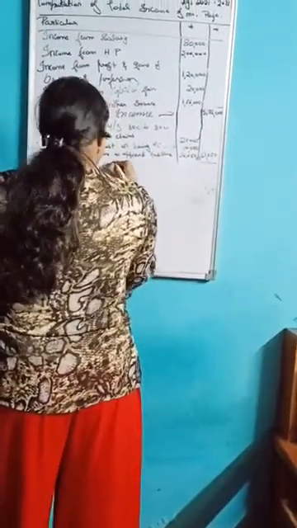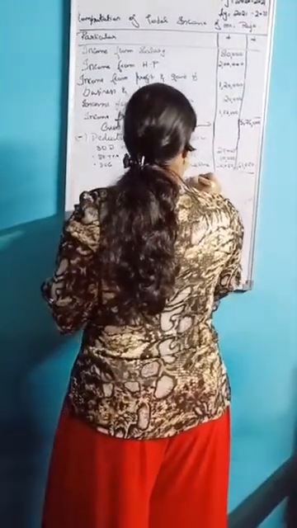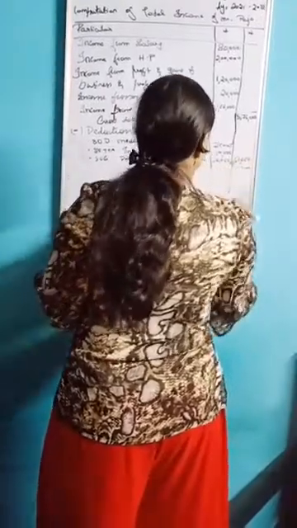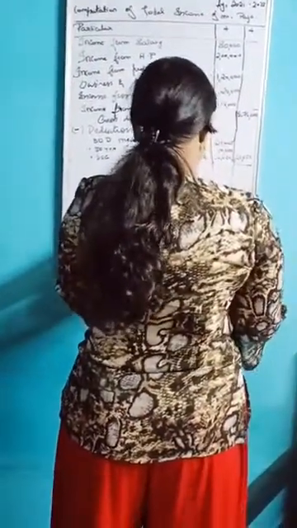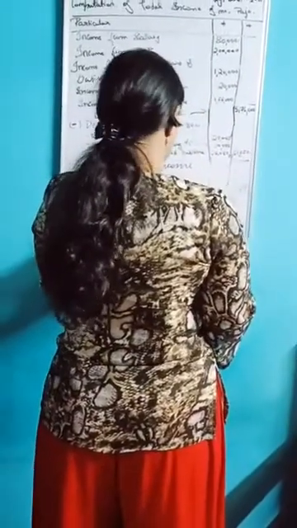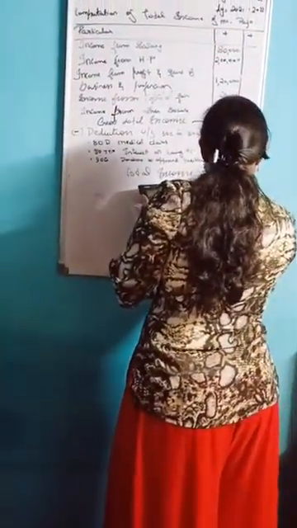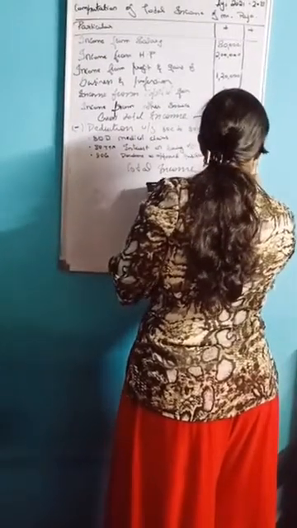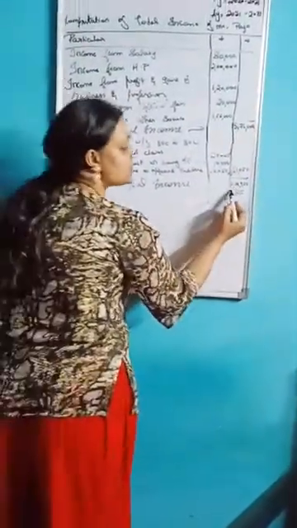So 5,76,000 minus 61,000. You will get 5,14,950. So the final answer, total income, is 5,14,950.